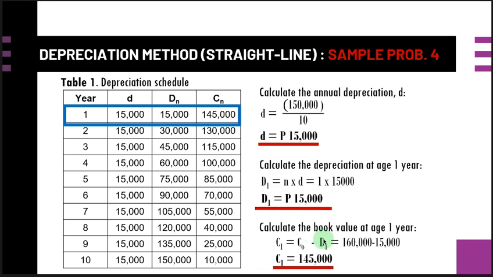And for our book value at the age of 1 year, denoted by C sub n, since n is equal to 1, we are using C sub 1. That's why C sub 1 is 145,000 here. The same thing you will do for the second year, third year, fourth year, fifth year, until the 10th year, the same procedure as what we did for the first year. So you can get all these values here.